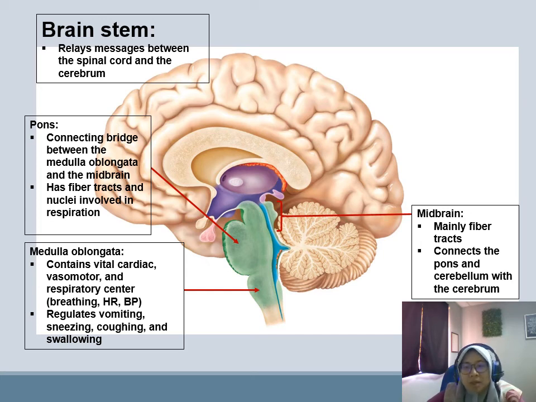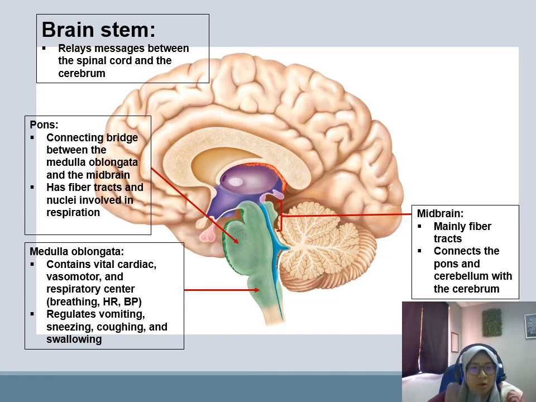The first part is the midbrain, mainly fiber tracts here. It connects the pons and cerebellum with the cerebrum. Here is the pons, the connecting bridge between the medulla oblongata and the midbrain. It also has fiber tracts which are involved in respiration.